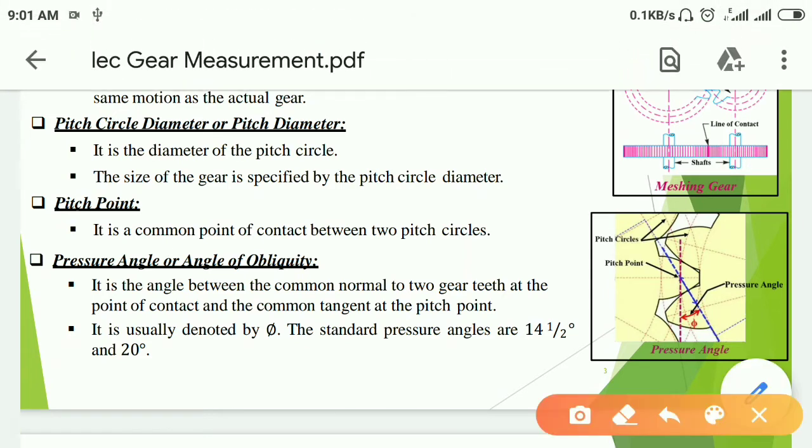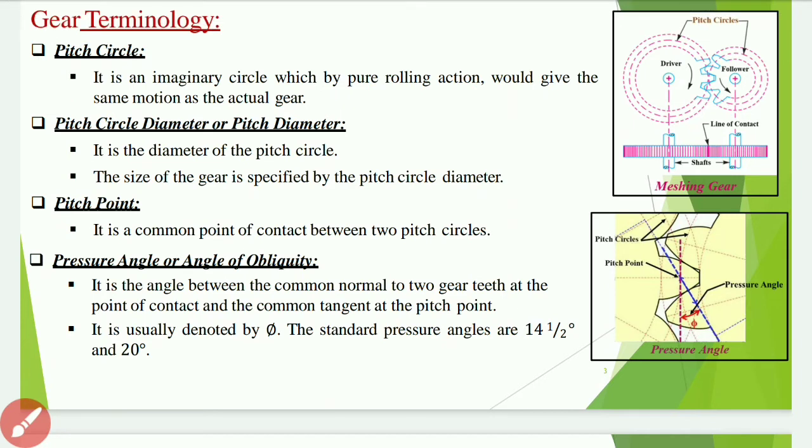So the first point is pitch circle. It is an imaginary circle which by pure rolling action would give the same motion as the actual gear.